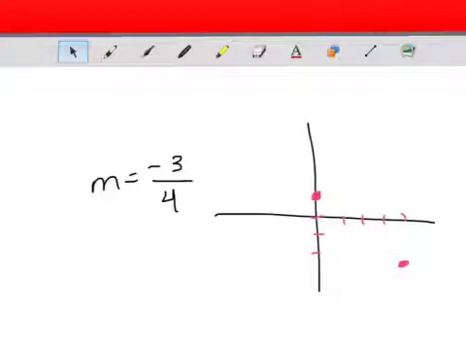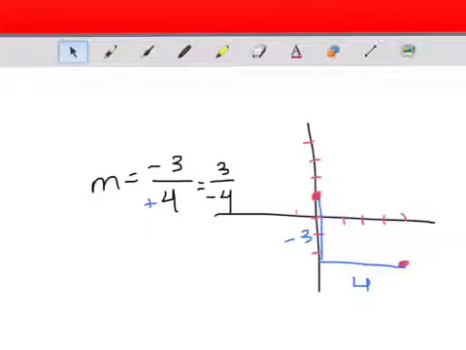So you would go -3 but +4 because only one of them can be negative. Now this is the same thing as saying +3 over -4. That would be graphed as up +3 and left -4. So changing where the negative sign is gives you both sides of the graph that you're graphing.